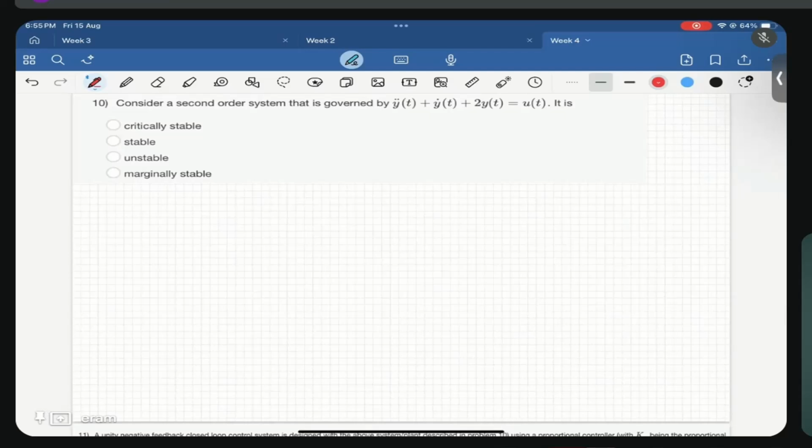Okay, for this system identify whether it is stable, unstable, marginally stable, or what.